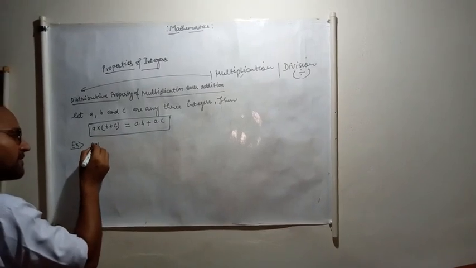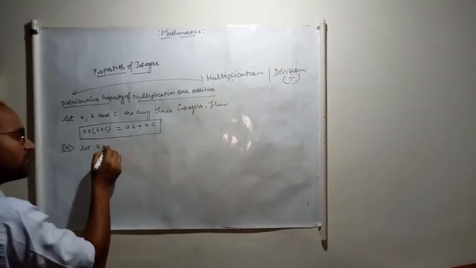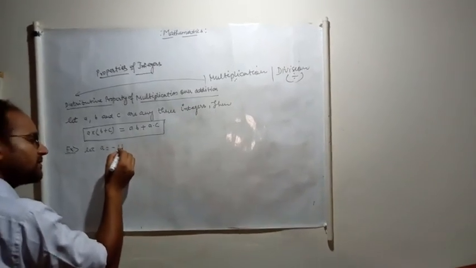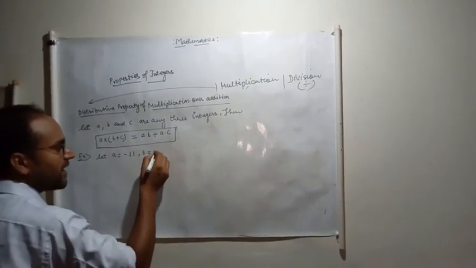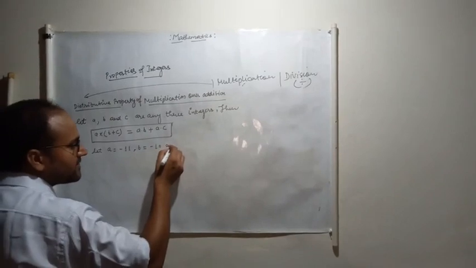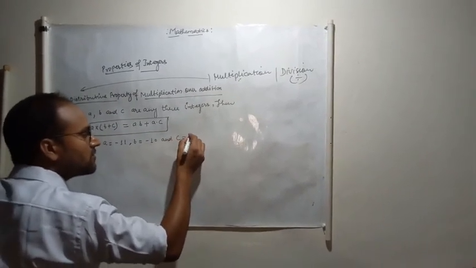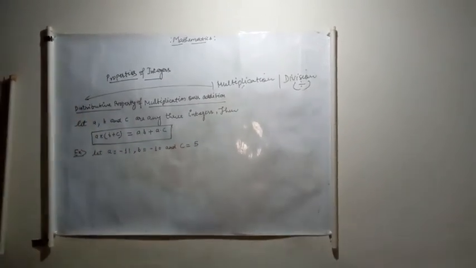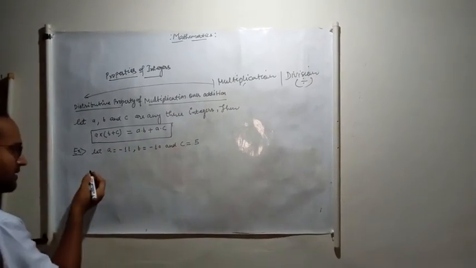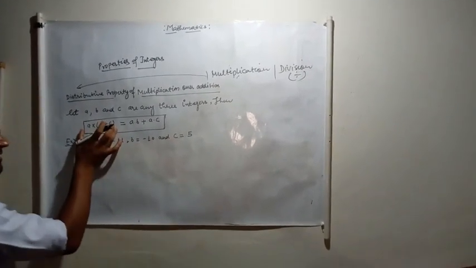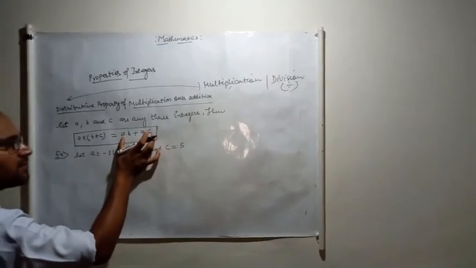Let A is equal to minus 11, B is equal to minus 10 and C is equal to 5, students. I have taken three different integers. According to this, I have taken this one as the left hand side and this one as the right hand side.